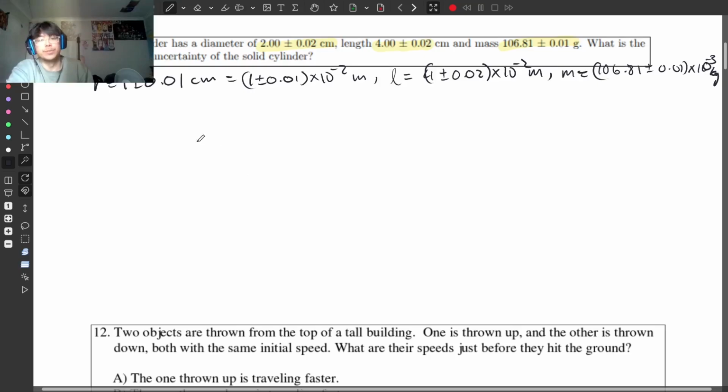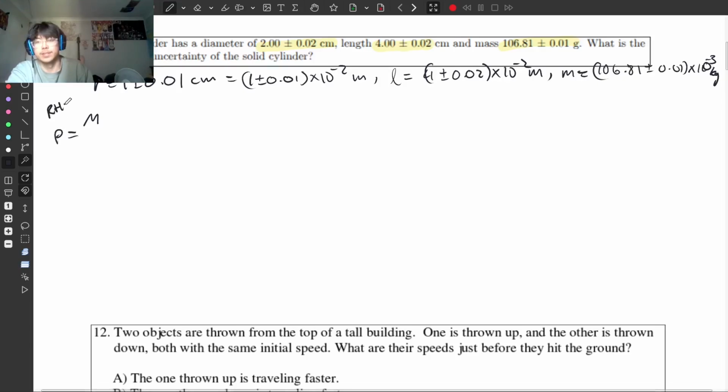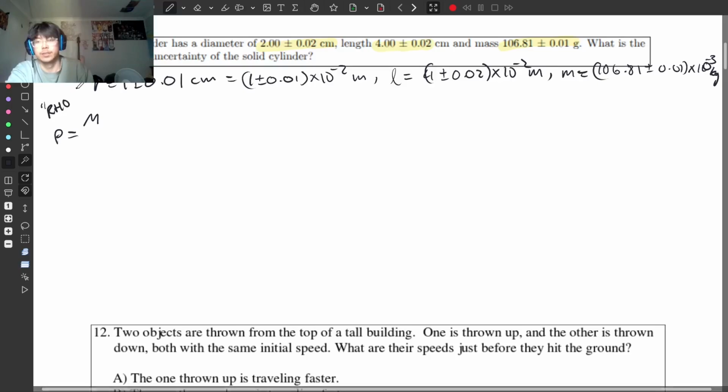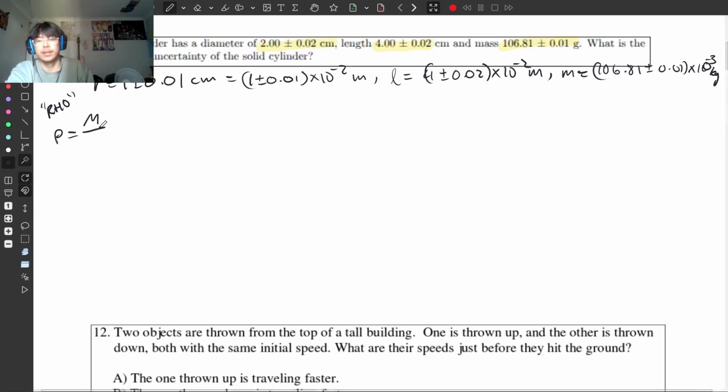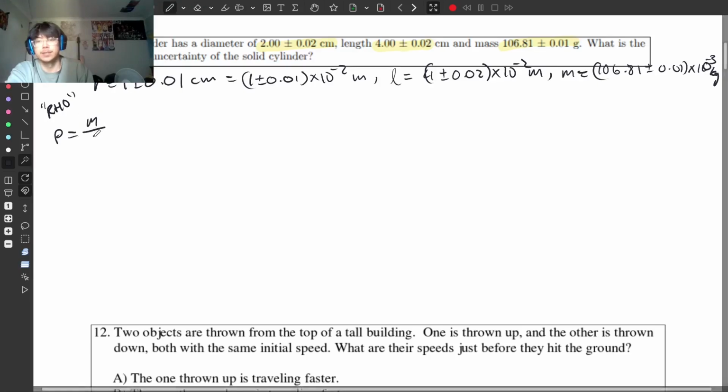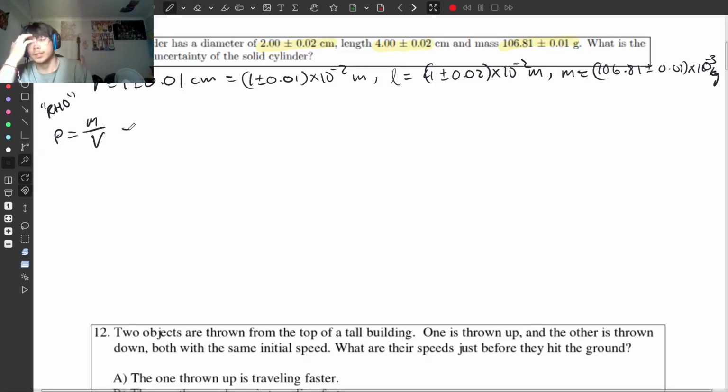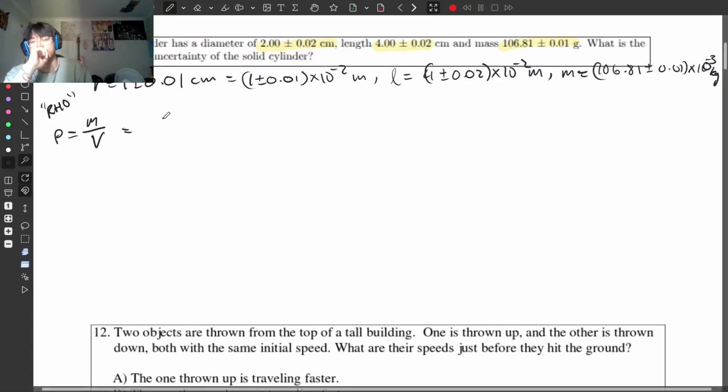Now I want to find the density of the cylinder. Density has the symbol rho, a Greek letter that just looks like a P, which is mass over volume. So the density of the cylinder will be the mass of the cylinder over the volume of the cylinder.